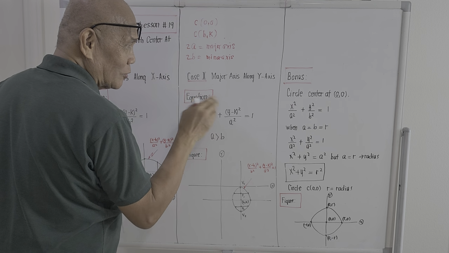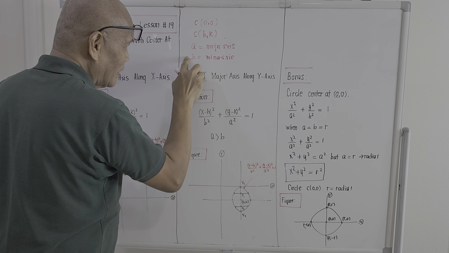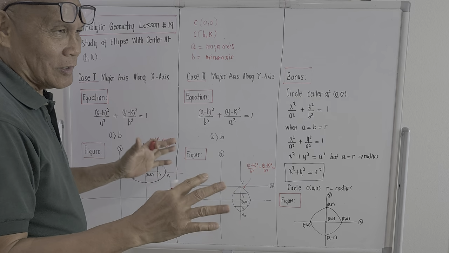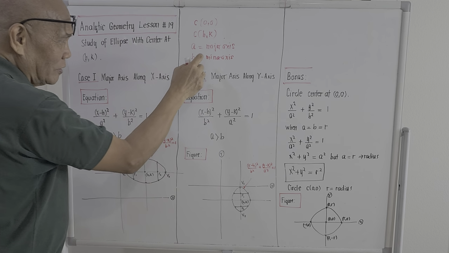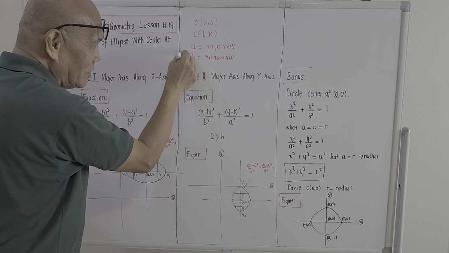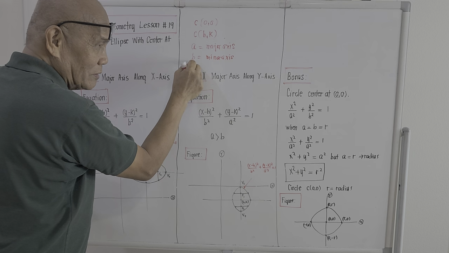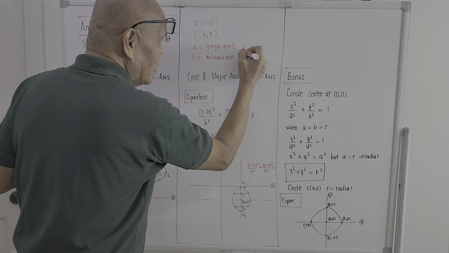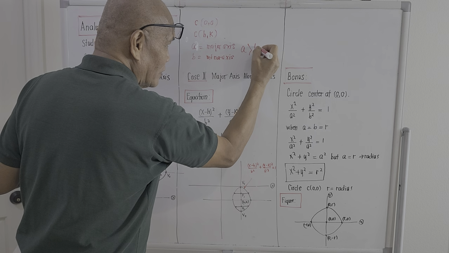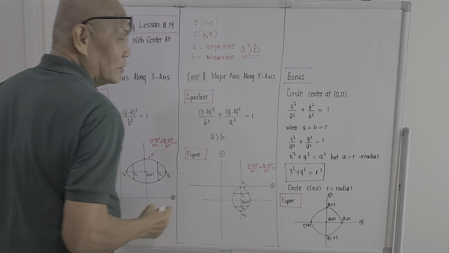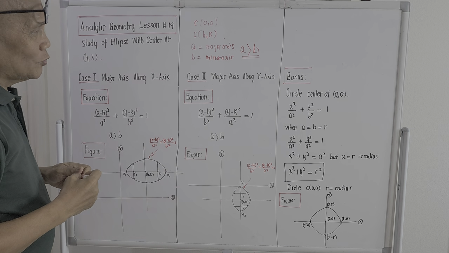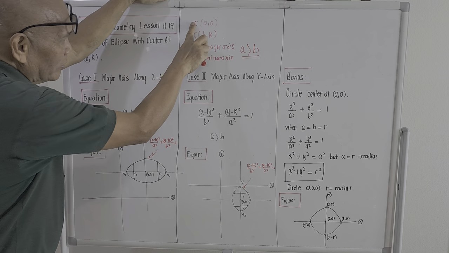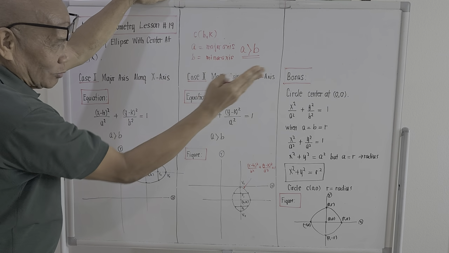So we remove the 2 for the meantime, and just concentrate on the values a and b. There are only two measurements under ellipse: the semi-major axis a, and semi-minor axis b. And for it to be an ellipse, a is always greater than b. It's an easy one because we just try to remove the (0, 0). That was the past topic.